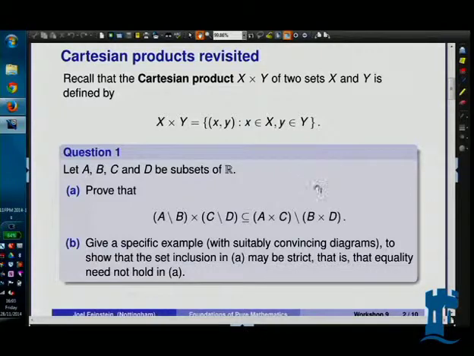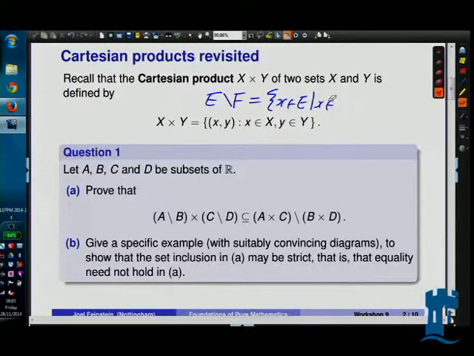Okay? So you also have to remember what the set difference is. E take away F is equal to those X in E such that X is not in F. But perhaps let's not call it X, because these might actually be vectors here.